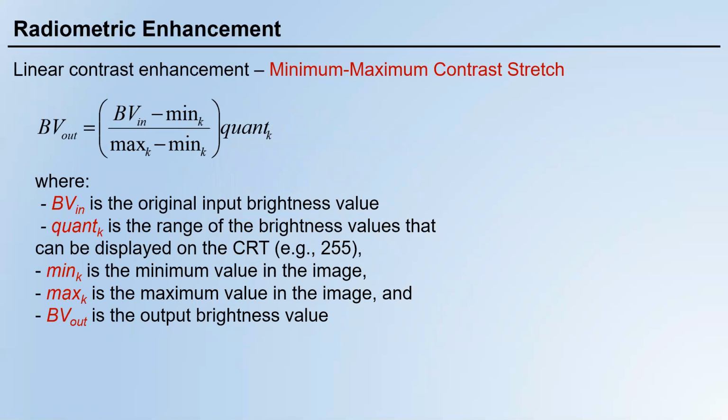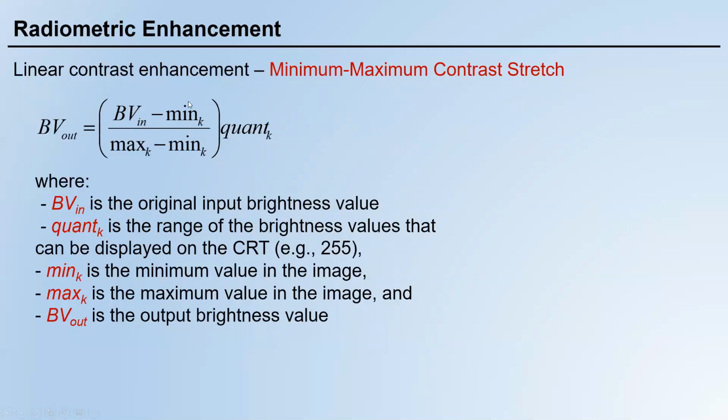Okay, let's start with a very basic method for linear contrast enhancement, which is called minimum-maximum contrast stretch. The idea here is very simple. We're going to use the min value and the max value in the image to standardize the value of each pixel.